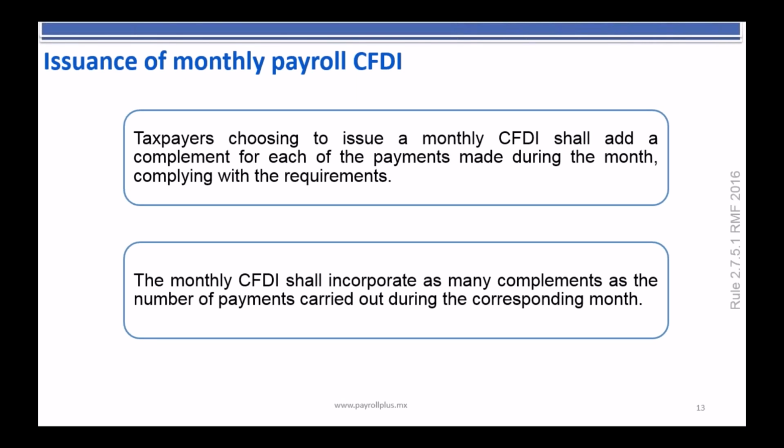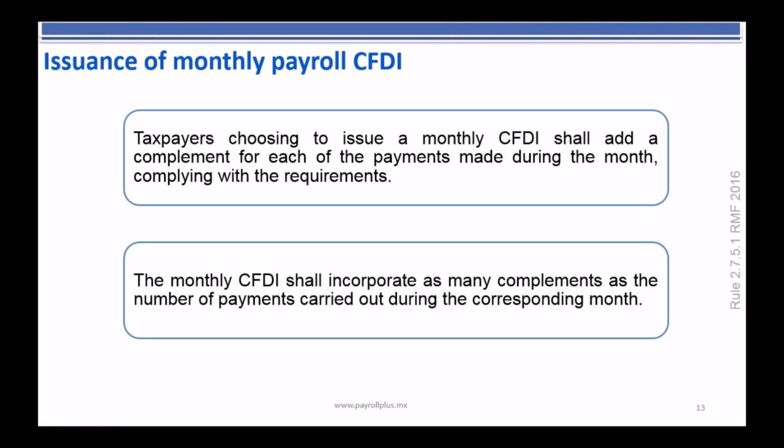This means that the level of information is still the same. You're just postponing it, and it might be more intricate to do one CFDI with 4 complements rather than 4 CFDIs at the moment of each payroll.